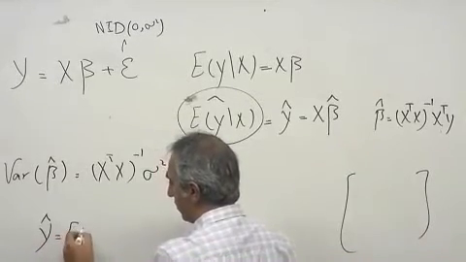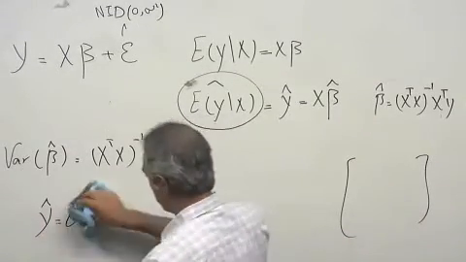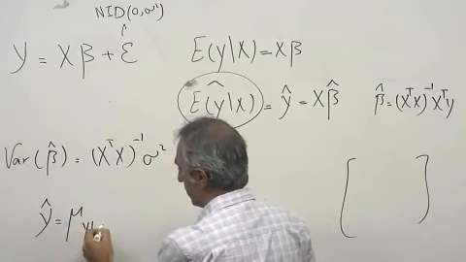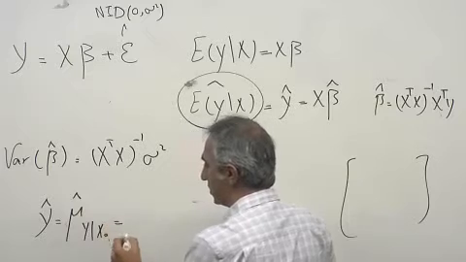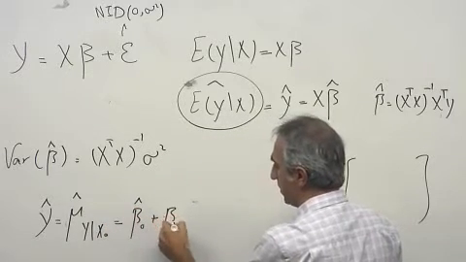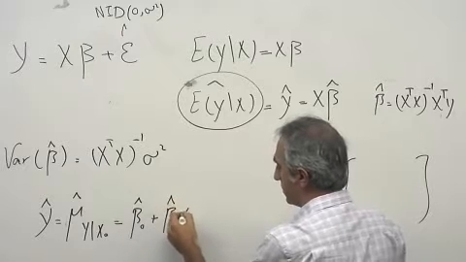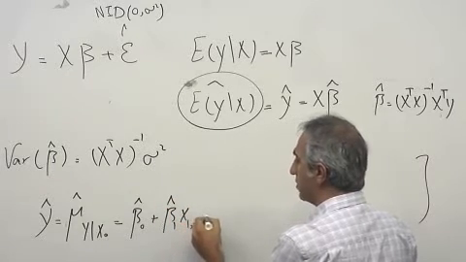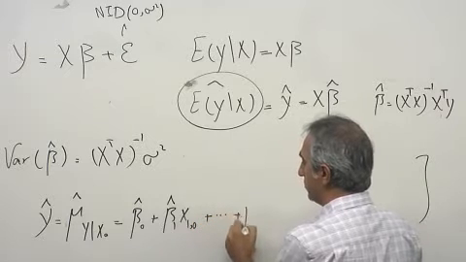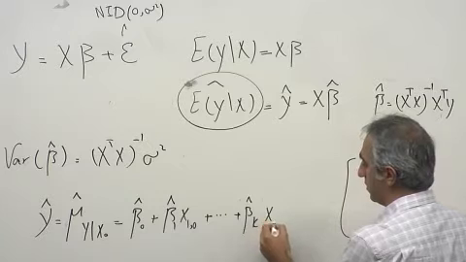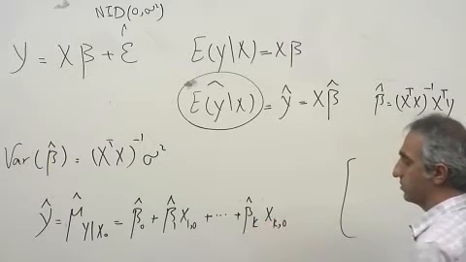Expected value of, let me use the slide notation, y given x0 is beta 0 hat plus beta 1 hat x1 0 plus ... beta k xk 0.